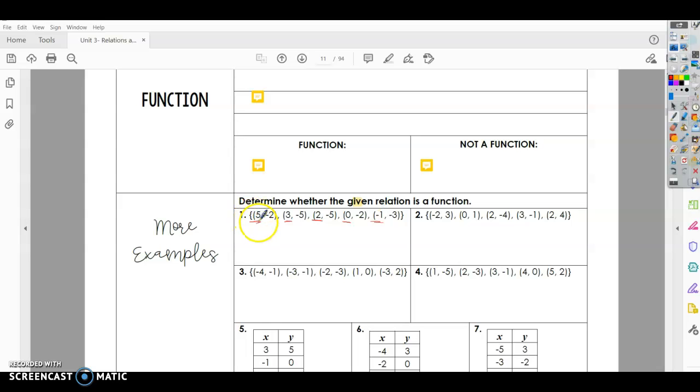So we're going to write 5, 3, 2, 0, -1. Yes, it is a function because all the x's are different.